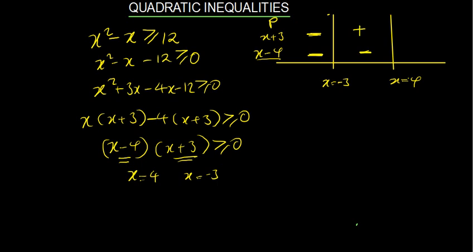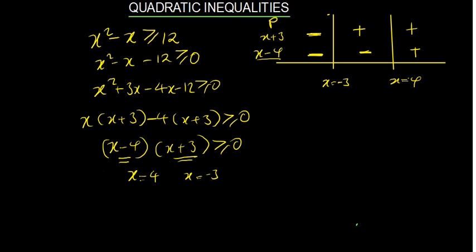And then if we go above 4, let's say 5, we bring here 5 minus 4, which is positive 1, so that is positive. And 5 plus 3 is positive 8, so the sign is positive. Because this factor is being multiplied with this factor, we multiply those signs to see the sign of the product.